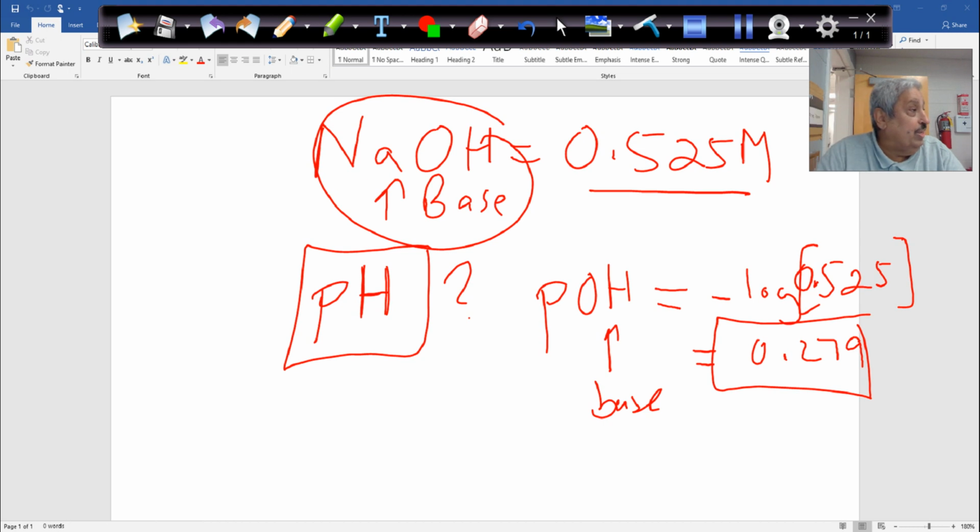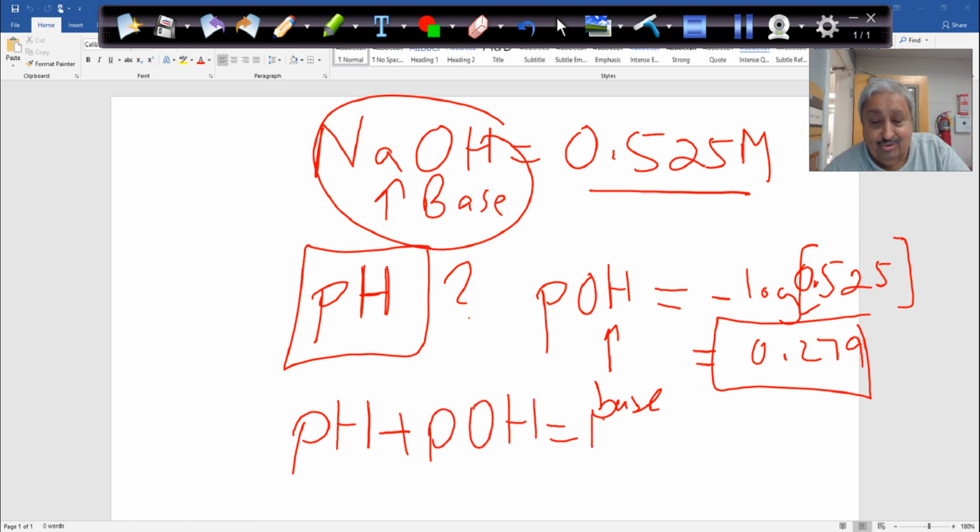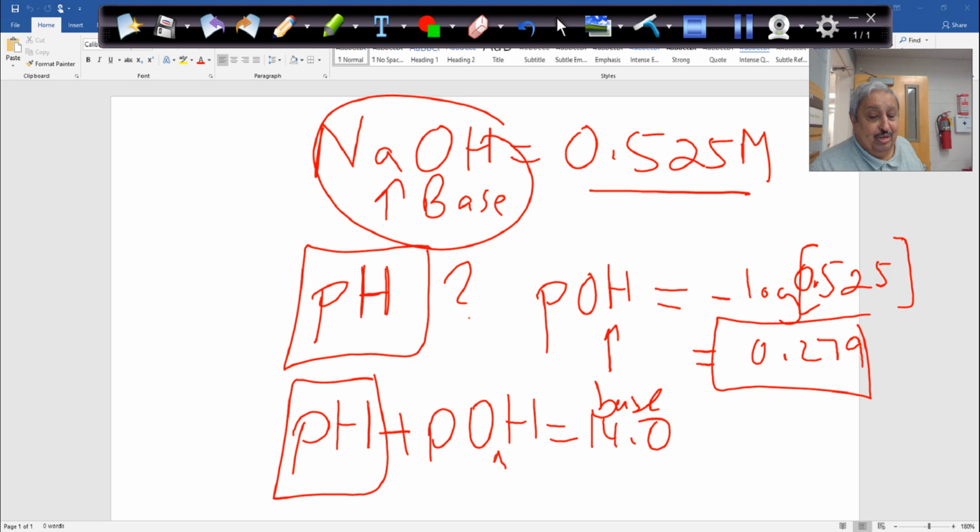However, we know that's the rule. I want you to memorize this for yourself. The pH plus the pOH is 14.0. Do you have 3 digits here? Leave it like this. Now I need to get the pH, but I have the pOH here, 0.279.